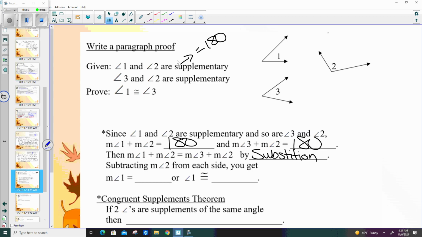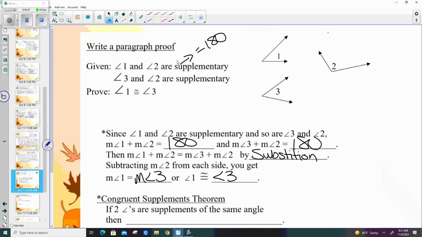Subtracting the measure of angle 2 from each side, you get measure of angle 1 is equal to angle 3. And saying their measures are equal is the same as saying the angles are congruent.